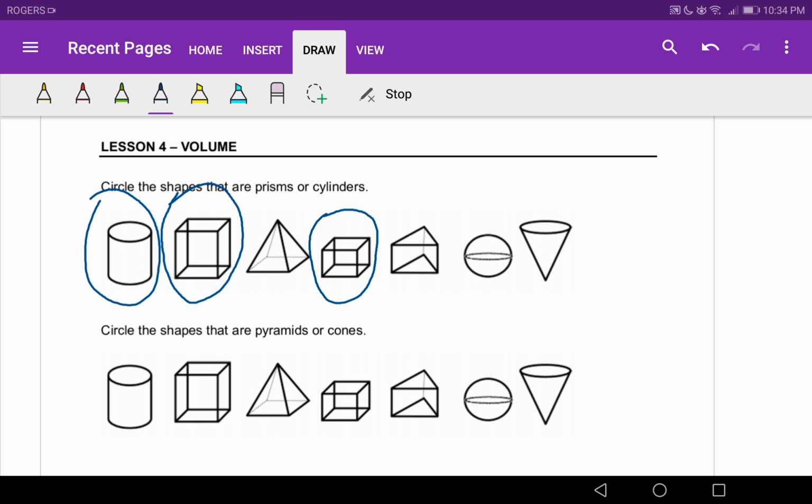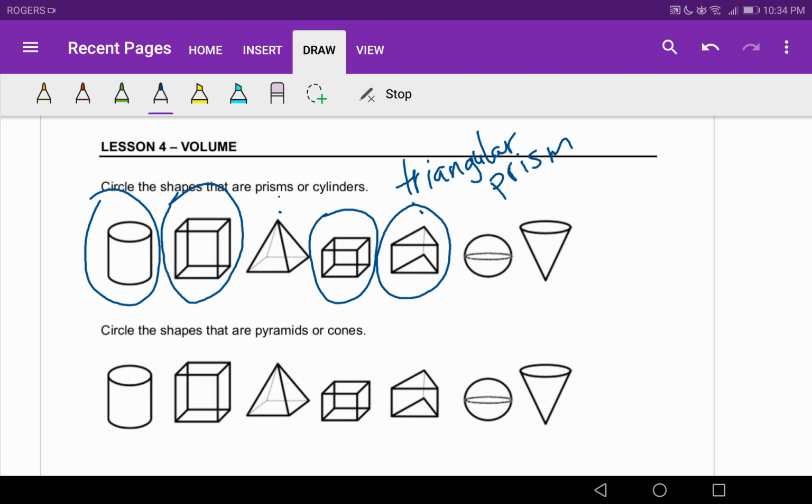This is a pyramid, so I'm not going to circle this one. What about this one here? That is in fact a prism. Okay, so this is what's called a triangular prism. Look at how it's different than a pyramid. Do you see how it's different than a pyramid? So a prism does not come to a point like a pyramid does.